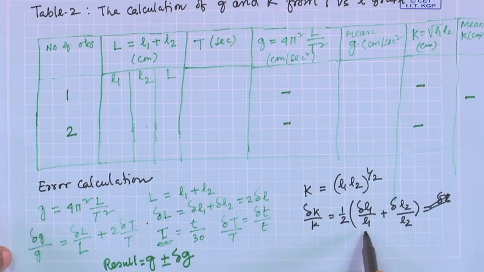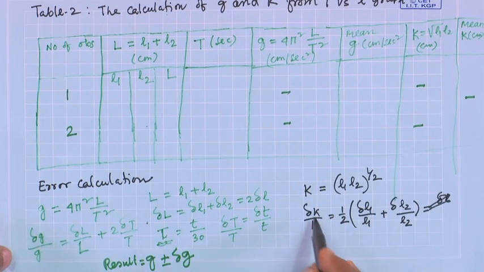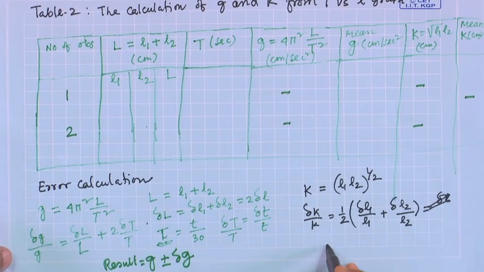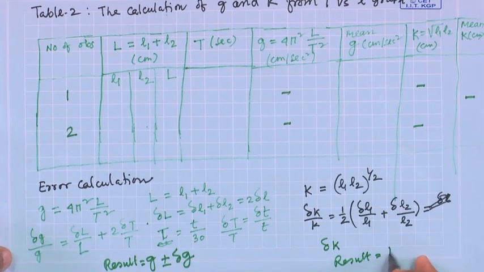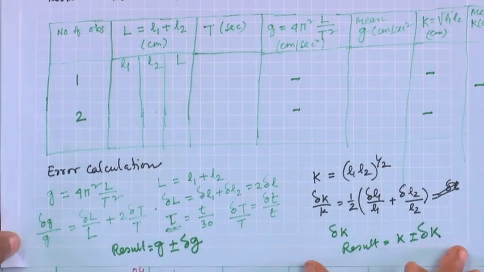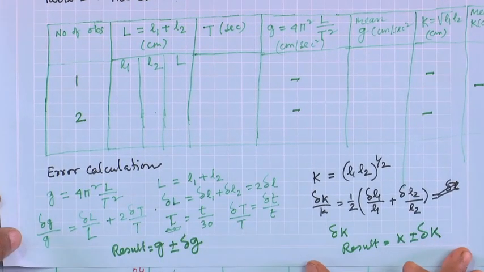For particular L 1 and L 2, you will find out delta K by K, and from there you will find out delta K. Your result will be K plus minus delta K. That is the way you should write the result.